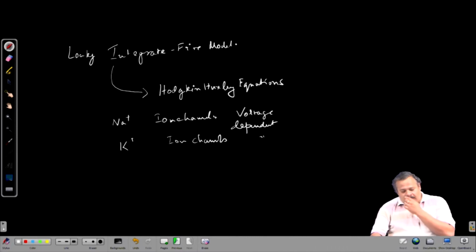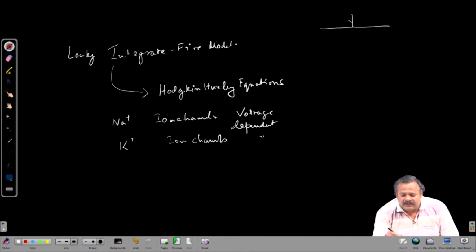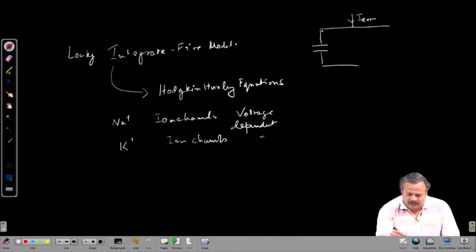So, if we go back to our circuit again, if we have this I external as before, we have the capacitor, the membrane capacitance on this side.